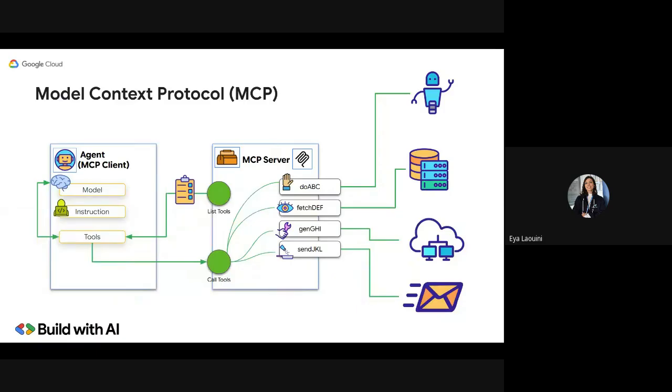Okay, I will ask you a question to see if you already know that information or not. So do you think that with MCP we can connect agent to agent?